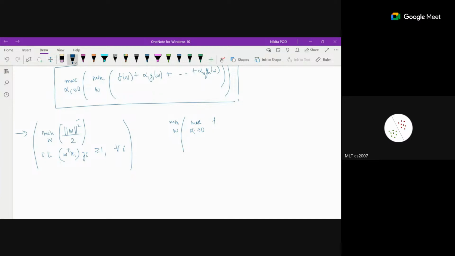My f of W is norm of W square divided by 2 plus alpha.